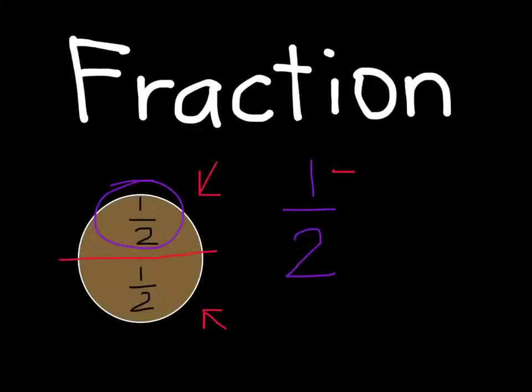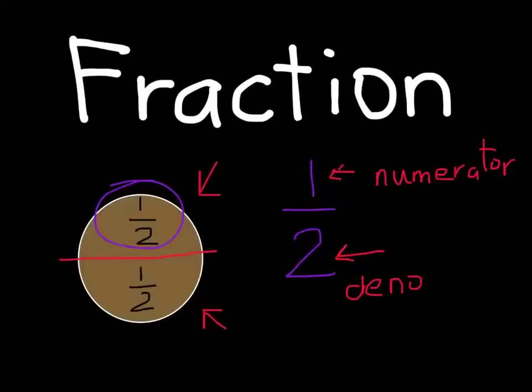This 1 on the top of the fraction is called the numerator. The 2 at the bottom of the fraction is called the denominator.